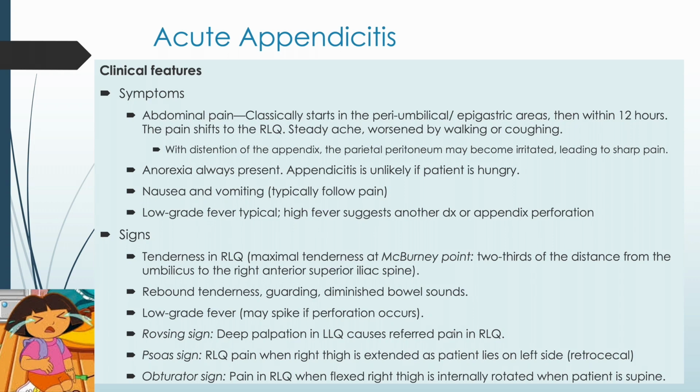It's generally a steady ache, and it's worsened by moving, walking, coughing because of the inflammation of the peritoneum around the appendix. Now, as the appendix starts distending and you start getting more peritoneal inflammation, it can lead to more sharp, consistent pain.